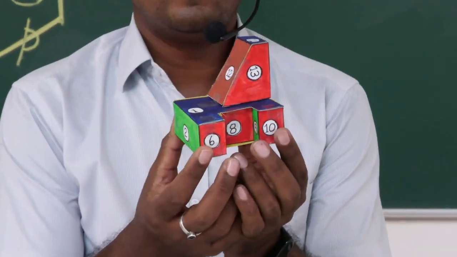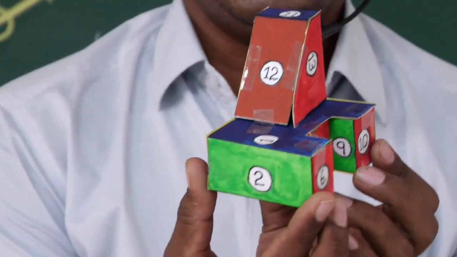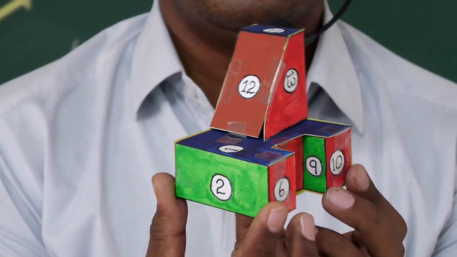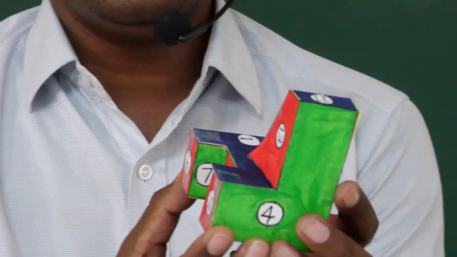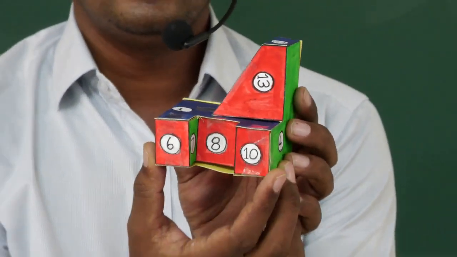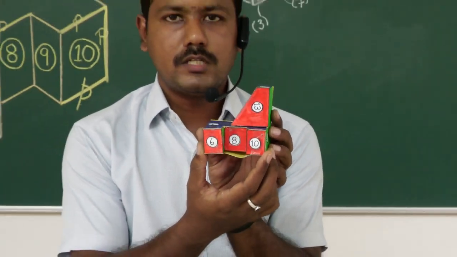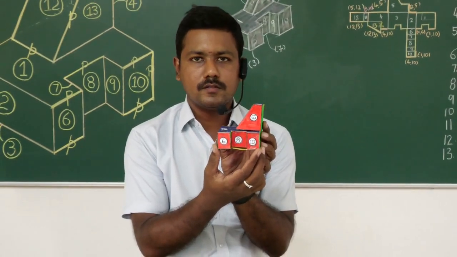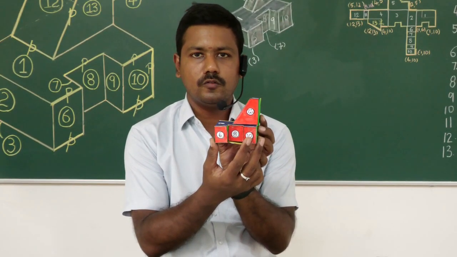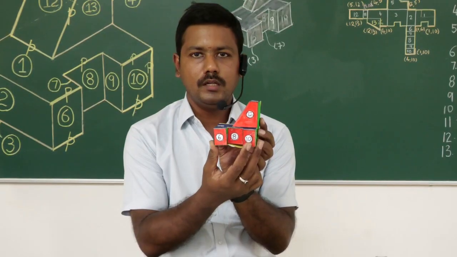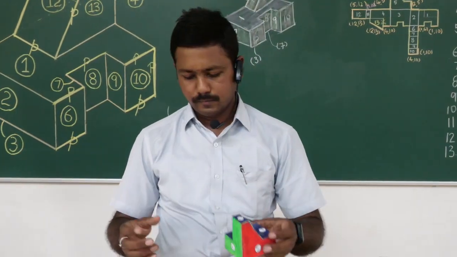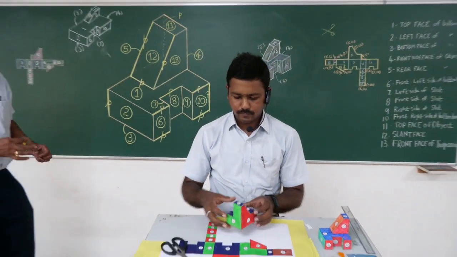So we have made the final model, which you can see how colorful it is, so that you can easily understand which are all the faces you can see with respect to front view, top view and side view. So let us continue our coloring scheme.